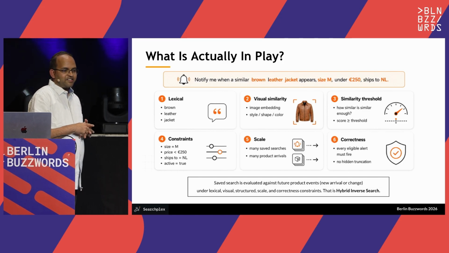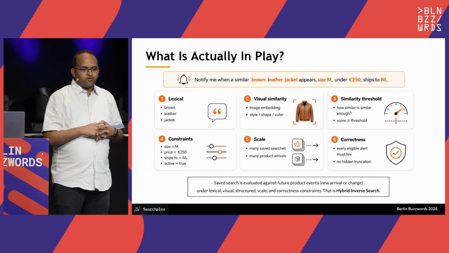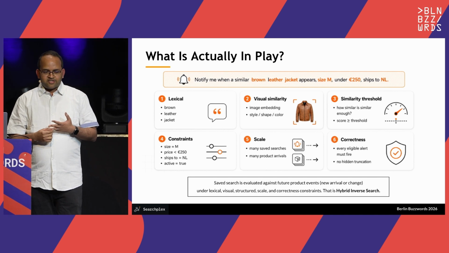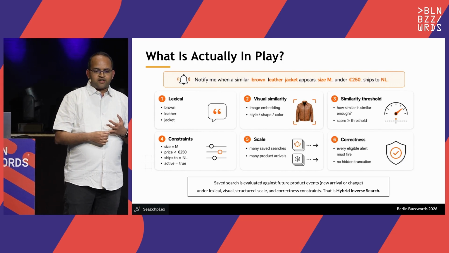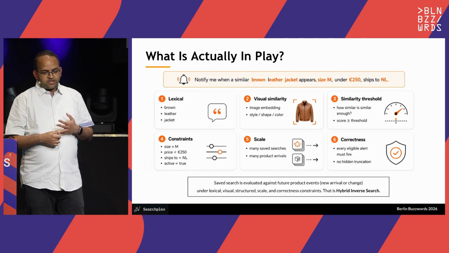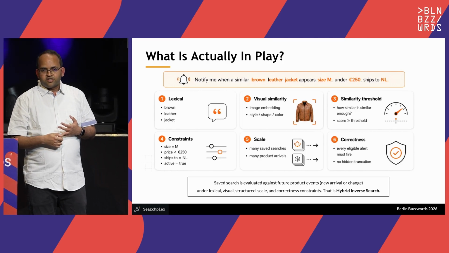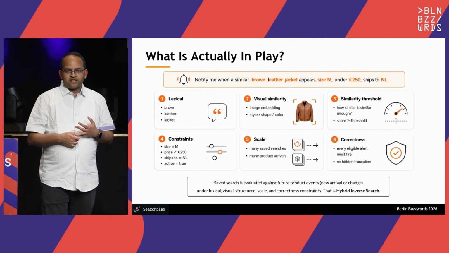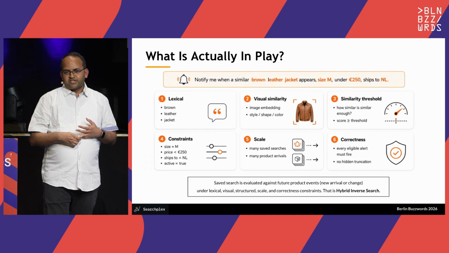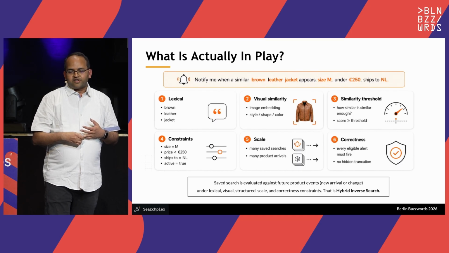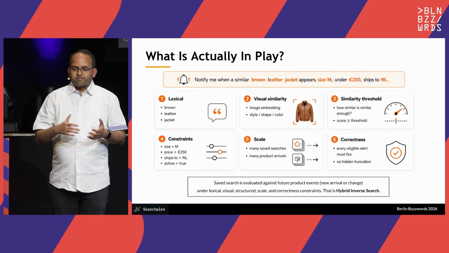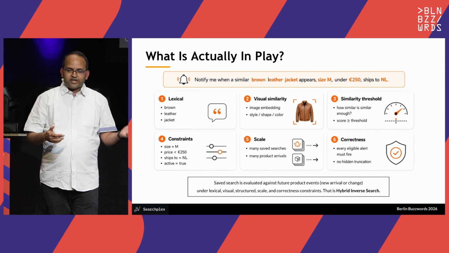So what exactly is in play when we talk about matching? There can be lexical signals, keywords. We definitely talked about the image embeddings, the similarity threshold. It's very important. You can think that the threshold would be different for each saved search. So maybe if you are into something very unique, you probably want to give a broader threshold so that you get more items.